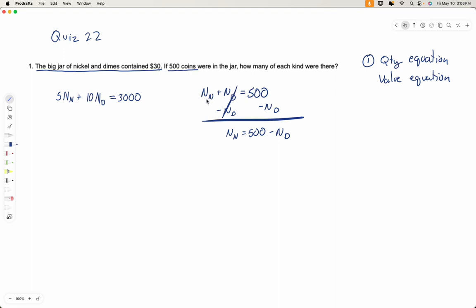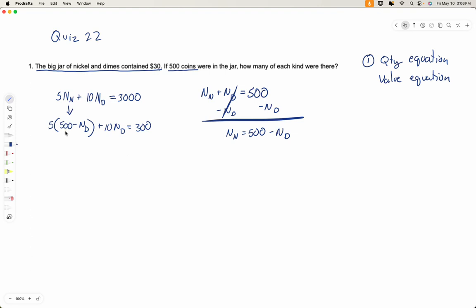So I'm going to substitute this expression in for the number of nickels: 5 times (500 minus the number of dimes) plus 10 times the number of dimes is equal to 3,000.